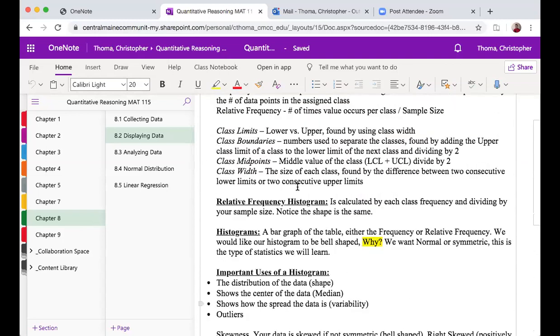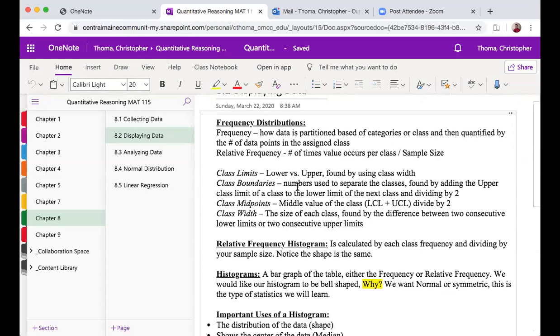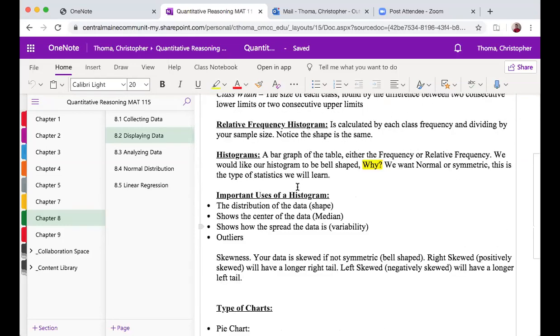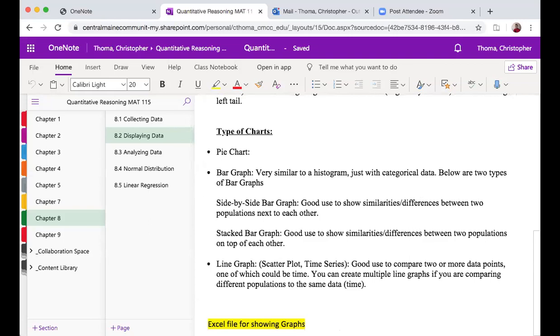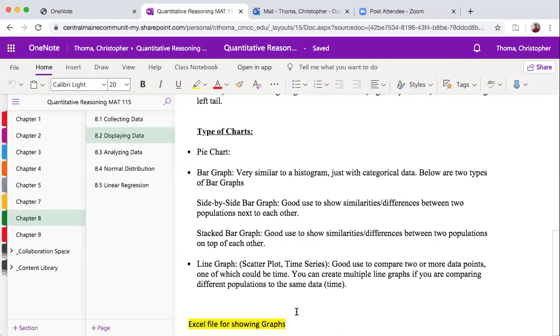I'll have an Excel file where we can do a visual of displaying data next class. But we'll just talk about what these graphs are today and probably call it a day, because I got to get the Excel file, the one I want that's going to represent this stuff really well.